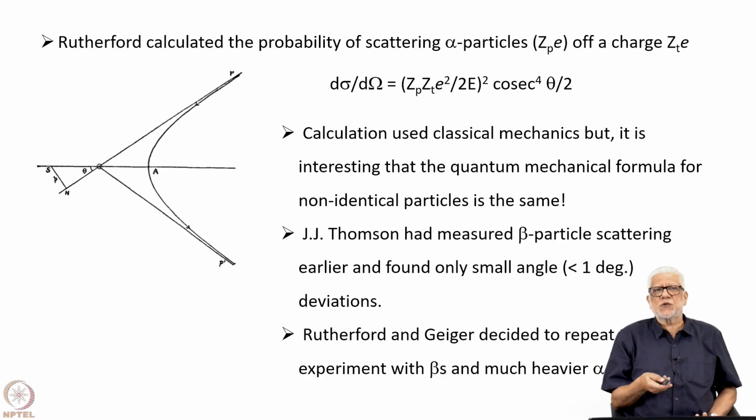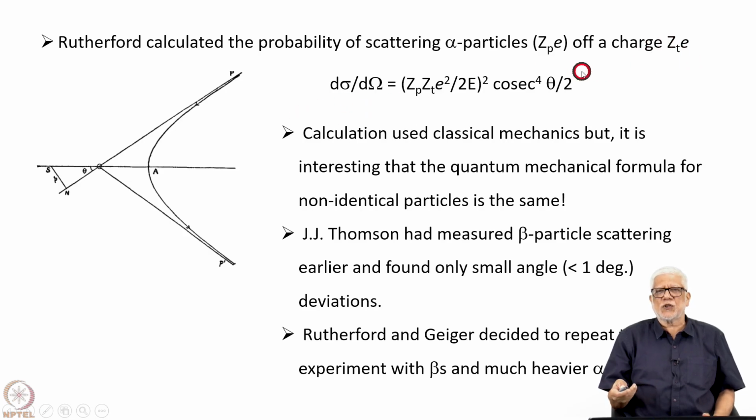So Rutherford actually calculated the probability of scattering of alpha particles, which have, let's say, a charge Zp e in units of the electron charge, off a target of charge Zt e, where Zt is the atomic number of the target atom, and e is again, as I said, the electronic charge.